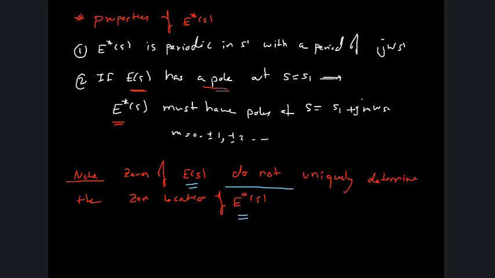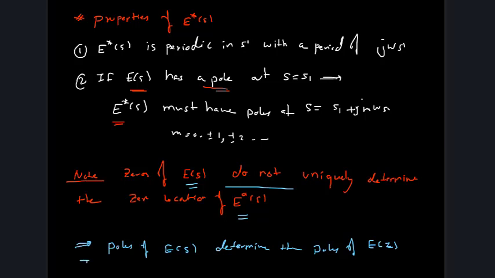What about the relation between the poles in the s plane and the z plane? We know there's a relation in between. So finally here we can write that the poles of E(s) determine the poles of E(z).